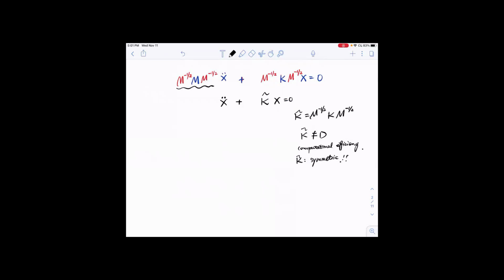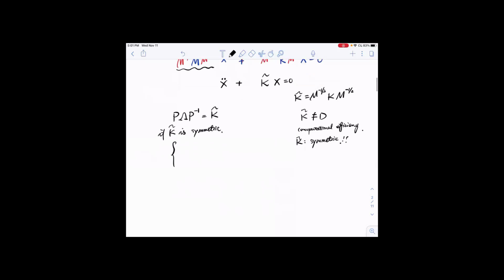This symmetric property is important because if you look at the eigenvalues and eigenvectors, if K is symmetric, there are two properties. The first property is P invert is equal to P transpose.